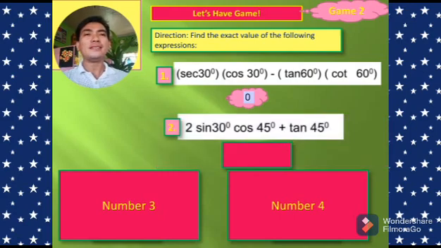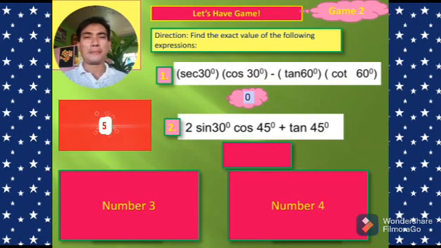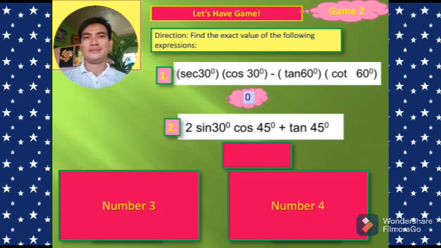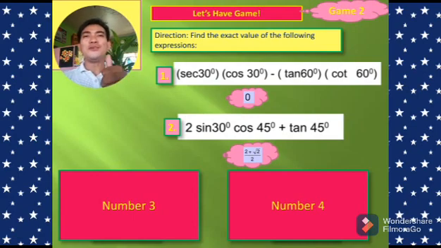Twice secant sine 30 degrees cosine 45 degrees plus tangent 45 degrees. Ready, go! Now, the final answer is 2 plus square root of 2 all over by 2. Congratulations! Let's proceed to number 3.